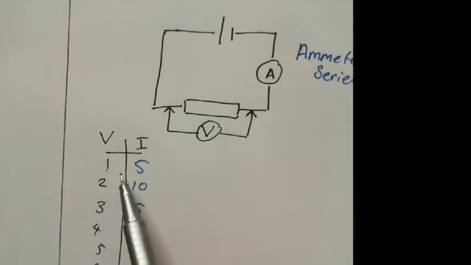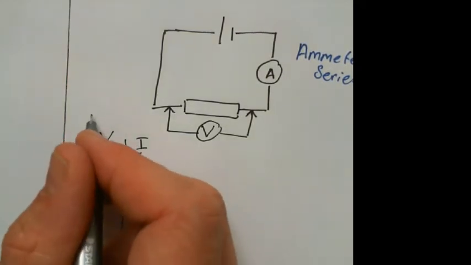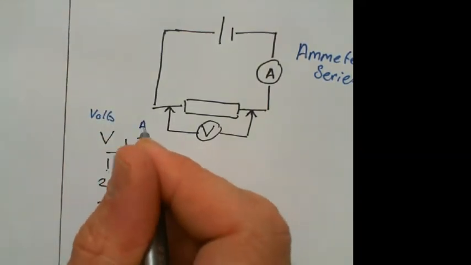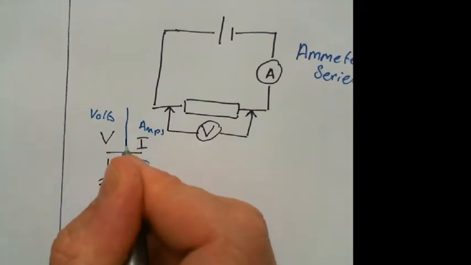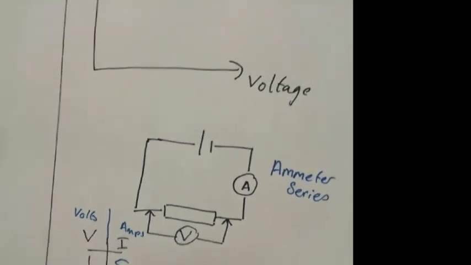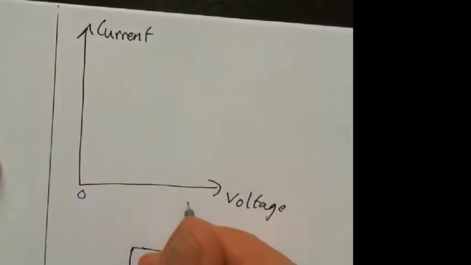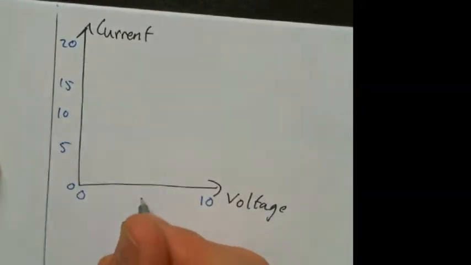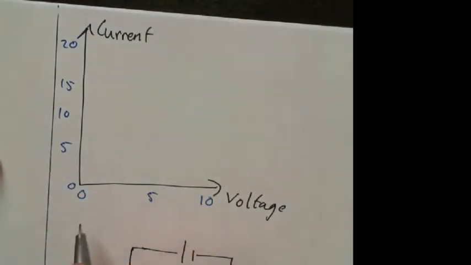So for 1 volt I got 5 amps, for 2 volts I got 10 amps. Remember to always put your units on the top. So if I put that here on my graph, I'm going to go from 0 to 10 there, and I'm going from 0 to 20 here. And I want to then start plotting in my points.